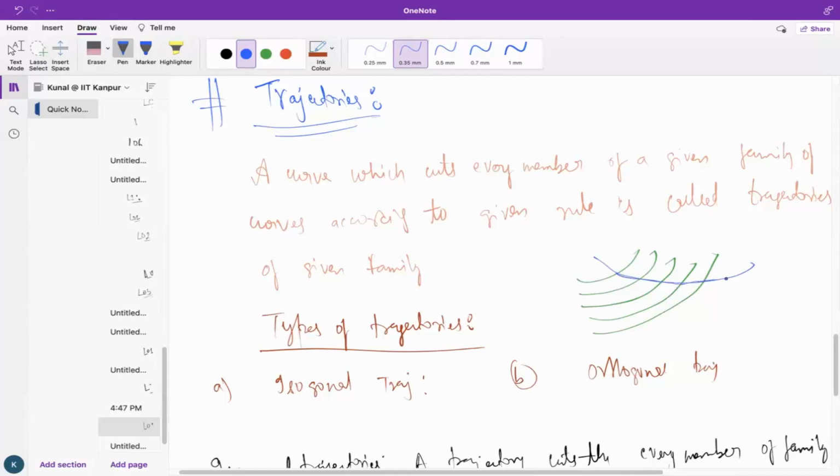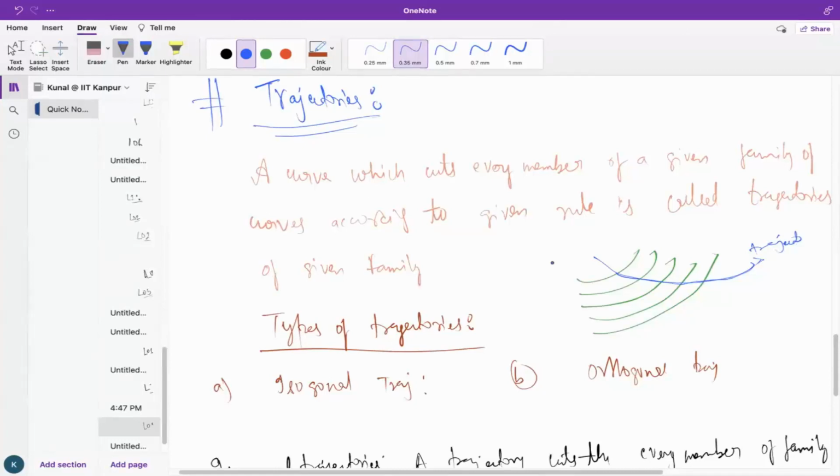So this is the trajectory, and if this trajectory cuts each and every member of the family at a 90 degree angle, then that type of trajectory is called an orthogonal trajectory. Okay, so these are the things that we have to keep in mind.